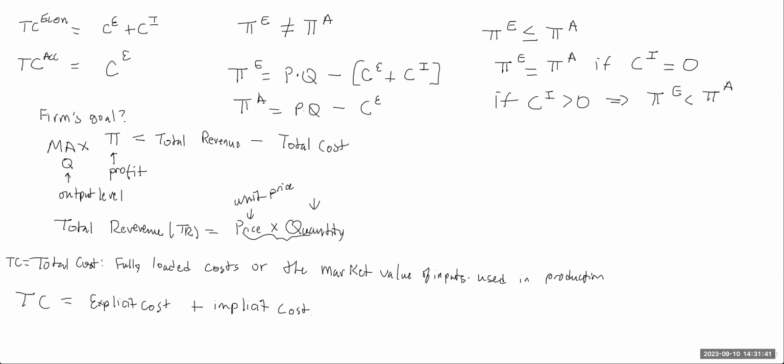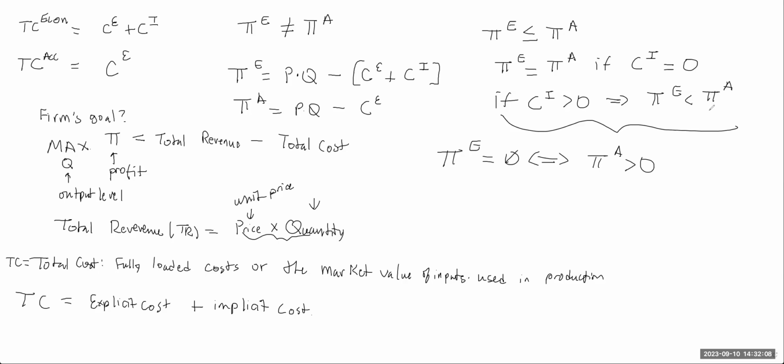Wait a minute. If profit's equal to zero, why would a company want to stay in business? That doesn't make sense. Well, remember, in a situation like this, economic profit is equal to zero. Accounting profit is still greater than zero, right?